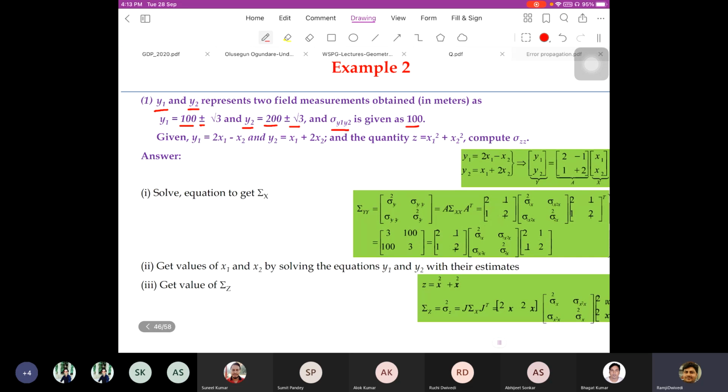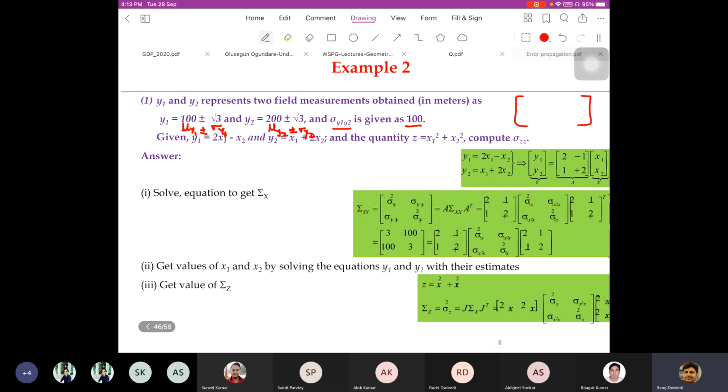First of all, you should realize how you would write it, because if you are not able to write it, there will be a problem. So y1 is nothing but mu y1 plus minus sigma y1. Then y2 is written as mu y2 plus minus sigma y2, and sigma y1 y2 is 100.